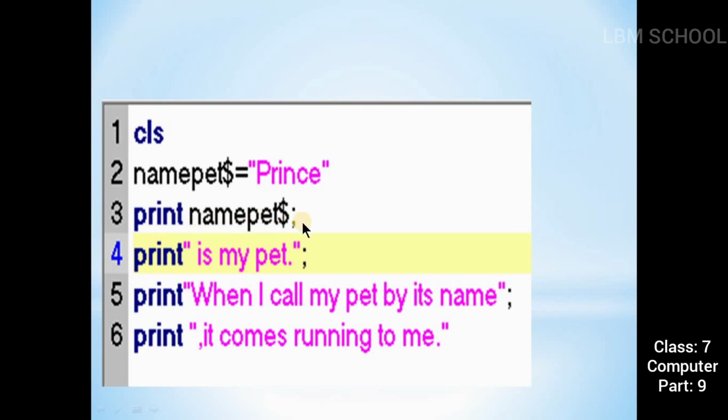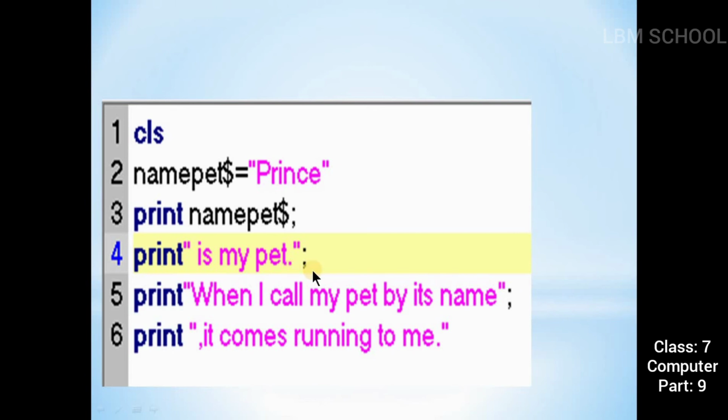Semicolon means the next line will be included here. Print "is my pet". Firstly, the name will be printed, which I gave here, then "is my pet" will be printed, then semicolon again, so this will also join here.